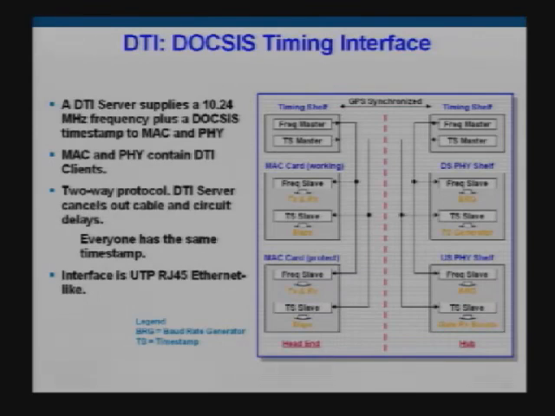The physical connectivity between the server and the modular CMTS components is UTP cables, which use RJ45 type connectors, but a single cable pair is used. A single twisted pair is used for exchanging the timing information between the server and the client. It uses something called a ping-pong protocol to make sure that at a time only one side is sending the frame.